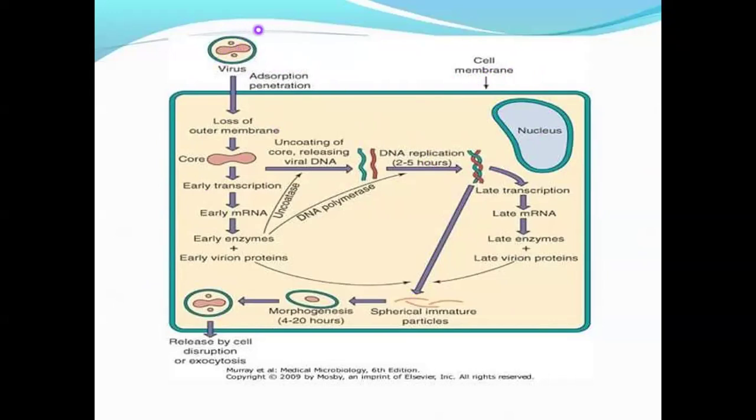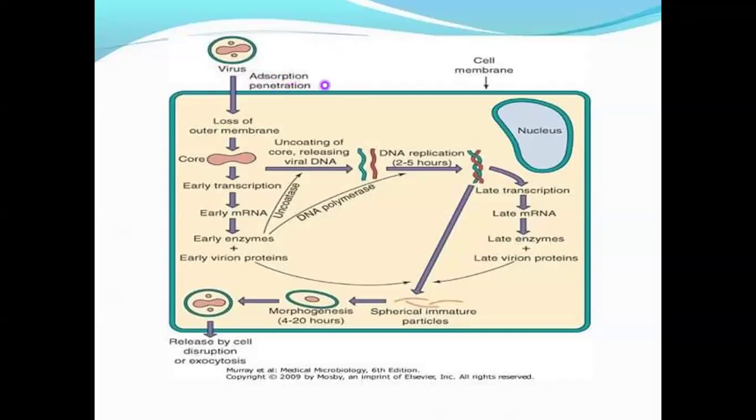The virus can't just enter a cell, so it has to attach itself. Normally it's not in the diagram, but there are usually receptors here. The variola virus attaches to specific receptors. Then it binds, so binding will happen here. Then it will enter the cell through a process called endocytosis. As you can see here, adsorption, penetration.